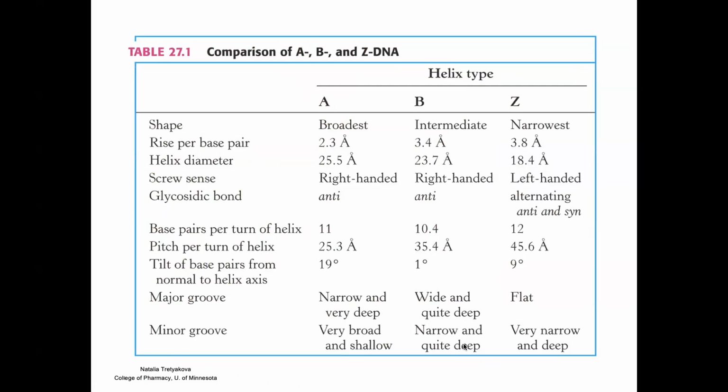So those are grooves that are deeply cut into the molecule. You can see they're altered in A DNA: a narrow major groove and a broad and shallow minor groove. And the grooves are either flat or very narrow and deep in Z DNA. So fundamentally different configurations for very similarly constructed DNA molecules.